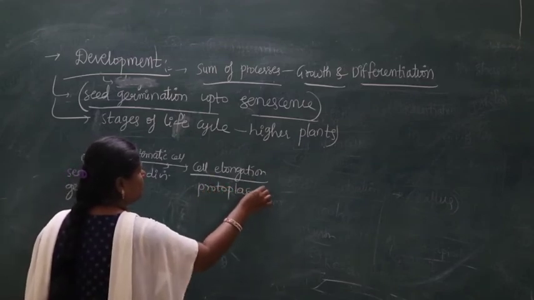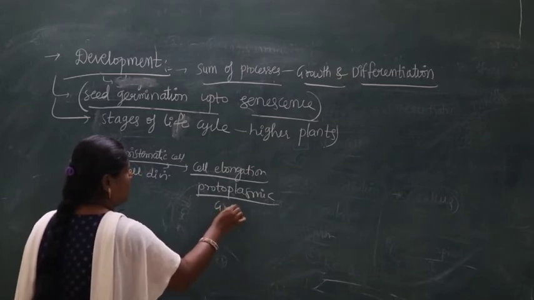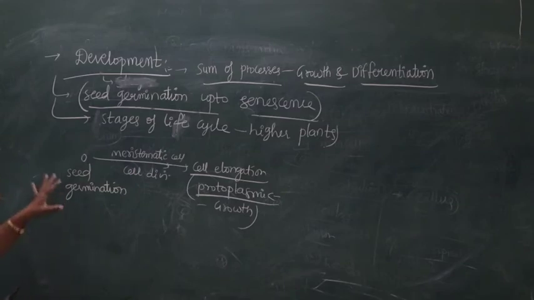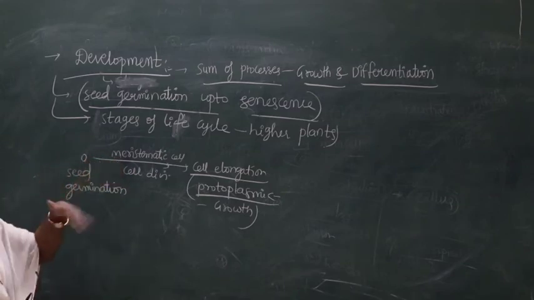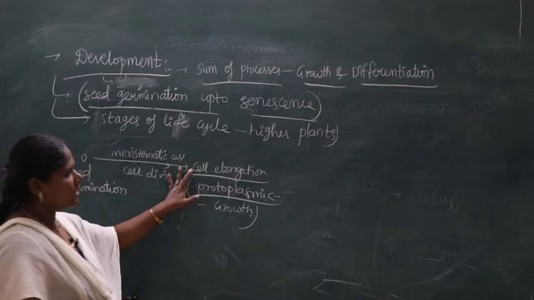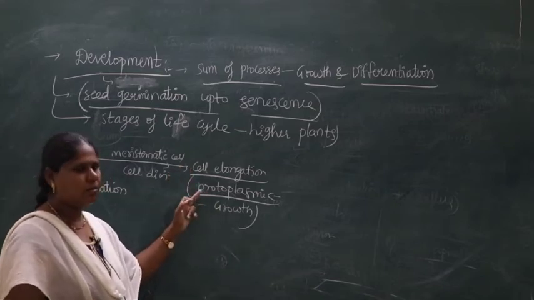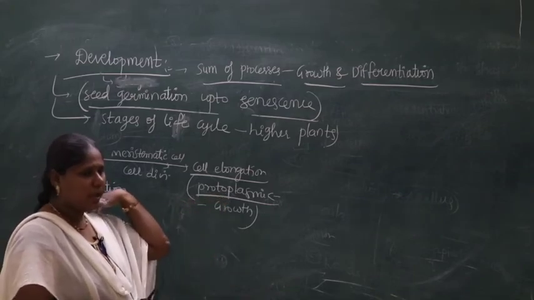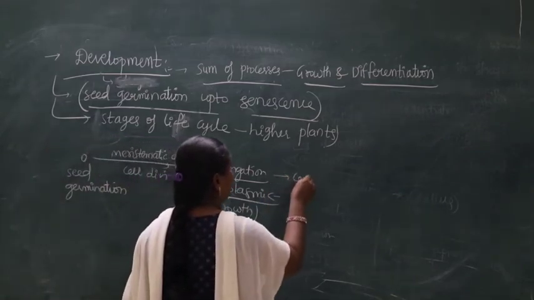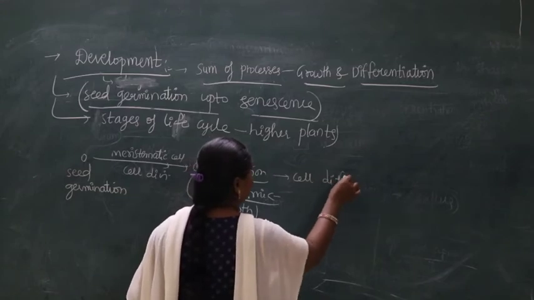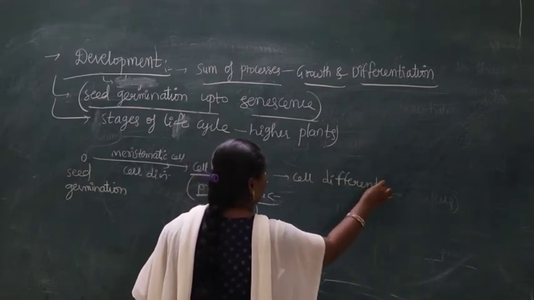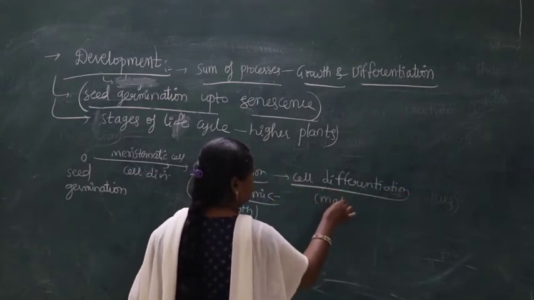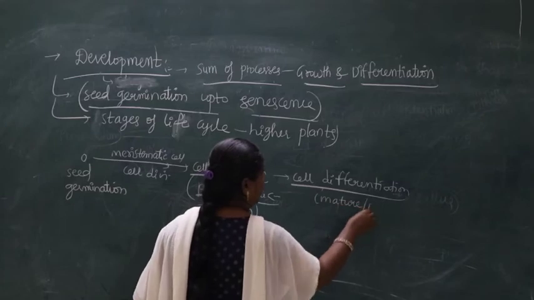Protoplasmic growth occurs in each cell. At the time of seed germination, meristematic cells keep undergoing cell division. At the time of cell elongation, inside the living content called protoplast, the protoplast is increasing in size, that's called protoplasmic growth, and then followed by cell differentiation. As a result of cell differentiation, we can see formation of a mature cell or a permanent cell.